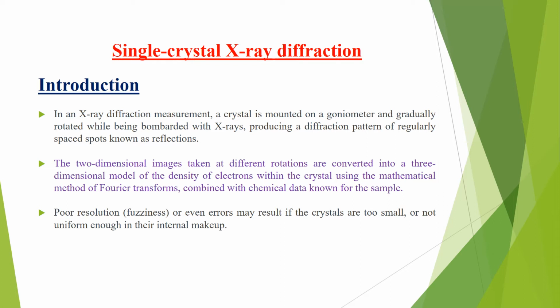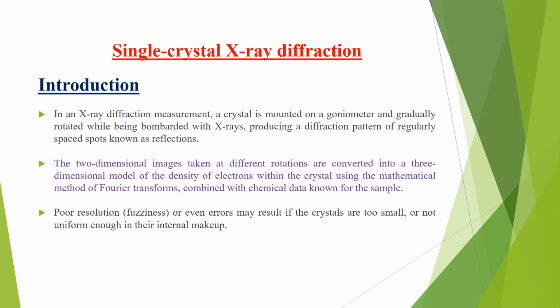That produces a diffraction pattern of regularly spaced spots, and these diffraction patterns are known as reflections. First of all, the two-dimensional images are taken at different rotations, and then these are converted into a three-dimensional model of the density of electrons, and this is done with the help of the mathematical method of Fourier transform, which is also combined with the chemical data known for that sample.